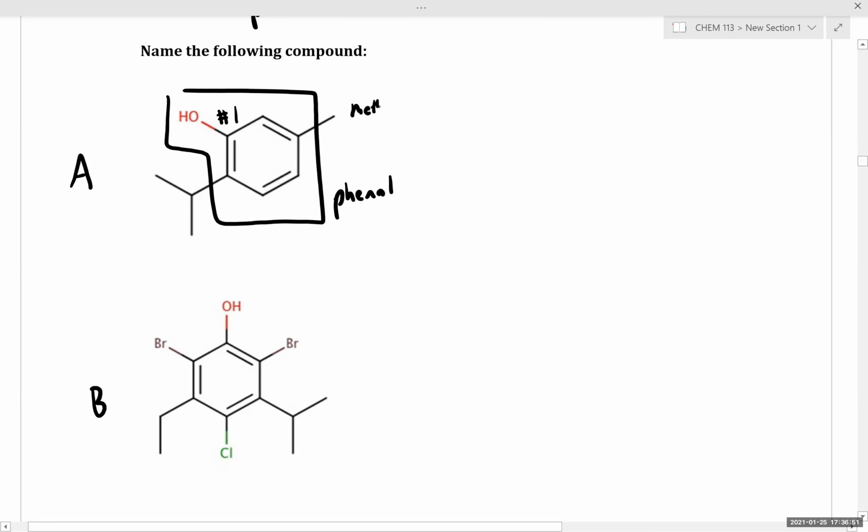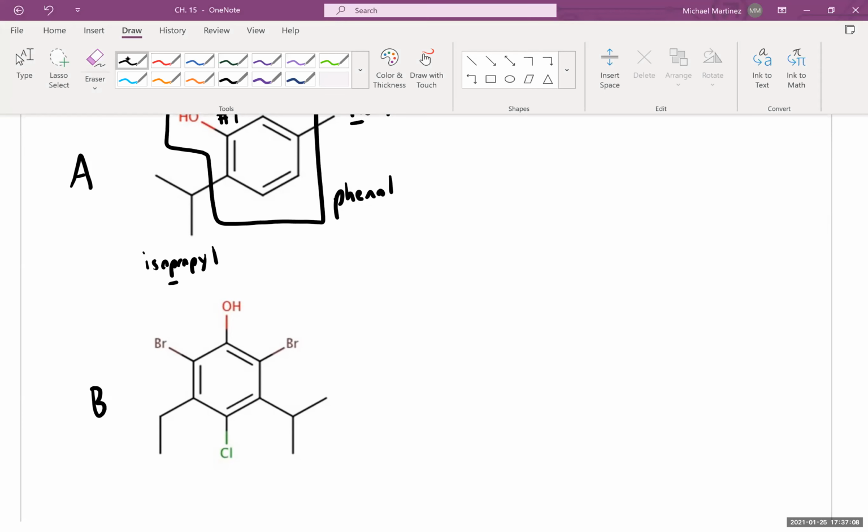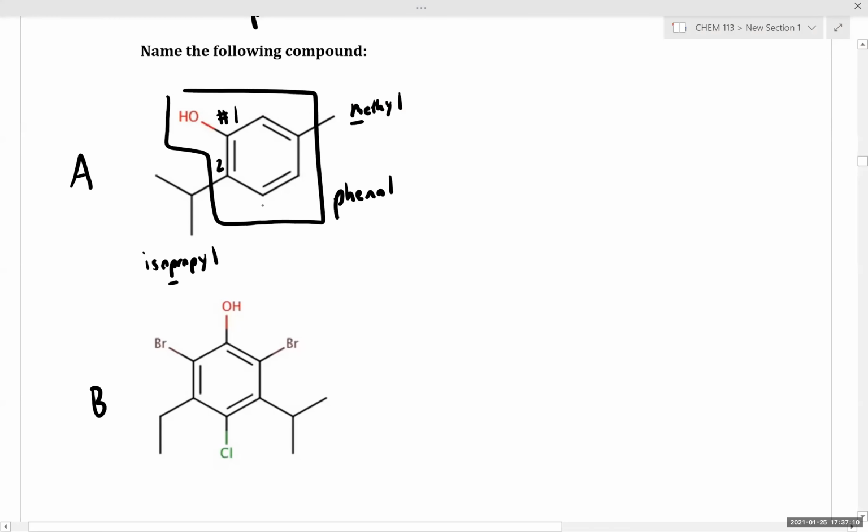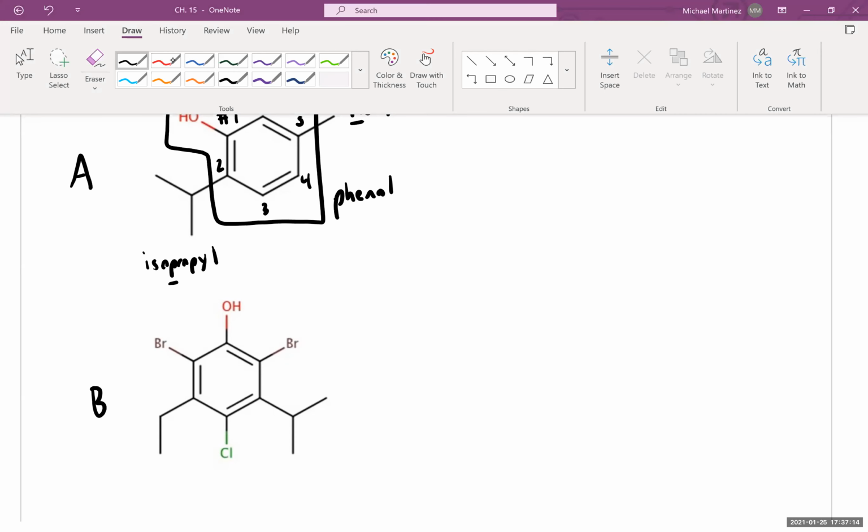So we have a methyl group, and this side chain is an isopropyl group. Okay. So in terms of priority, we have M versus P. In terms of numbering, we have 2 possible options. So we can either number counterclockwise, or we can number clockwise.